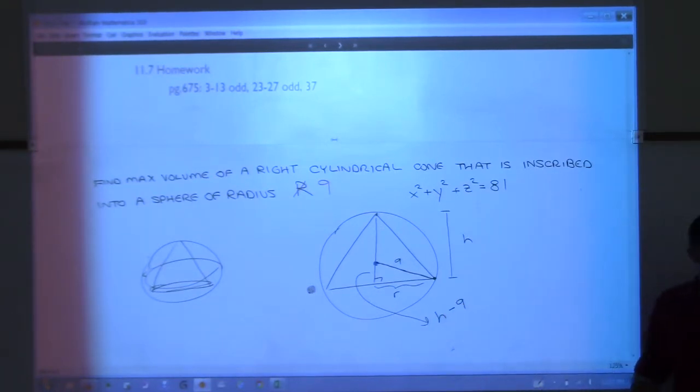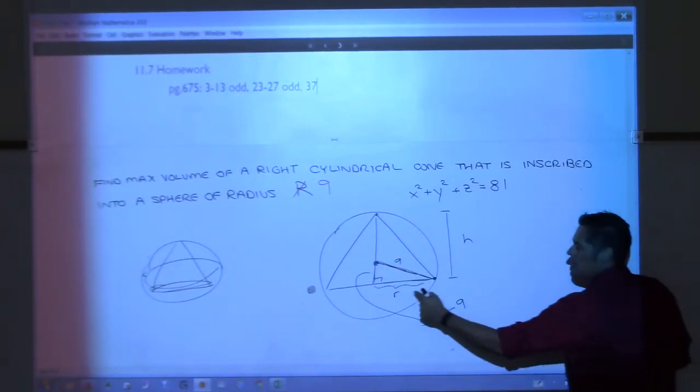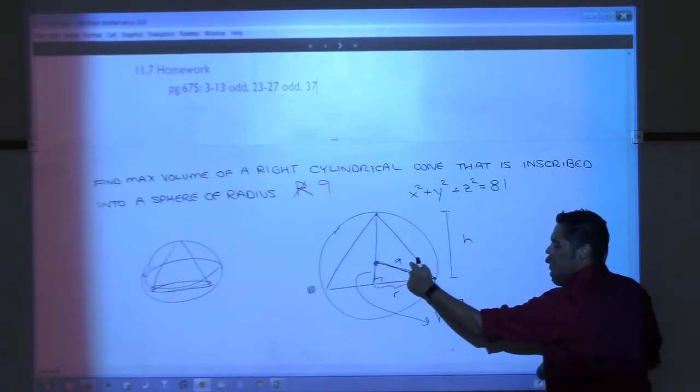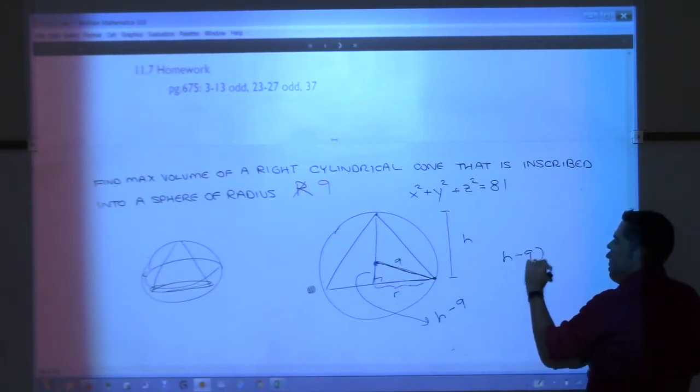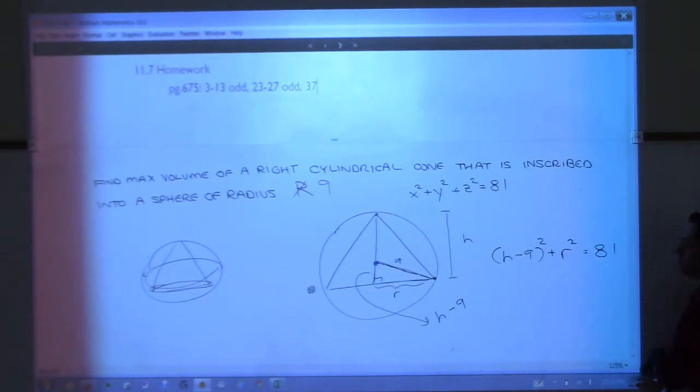And what do you have now? That little thing I drew here, a right triangle. So you have this relationship that this side squared plus this side squared is this side squared: (H minus 9) squared plus r squared equals 81. And what we've created is a relationship between r and H.